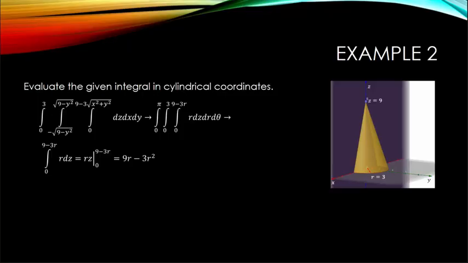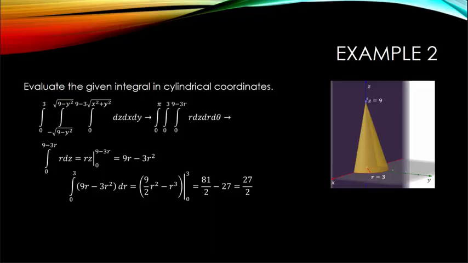My innermost integral is the integral from 0 to 9 minus 3r of r dz, which is equal to rz evaluated from 0 to 9 minus 3r. This gives me 9r minus 3r squared. My middle integral becomes the integral from 0 to 3 of 9r minus 3r squared dr. This gives me 9 halves r squared minus r cubed evaluated from 0 to 3.